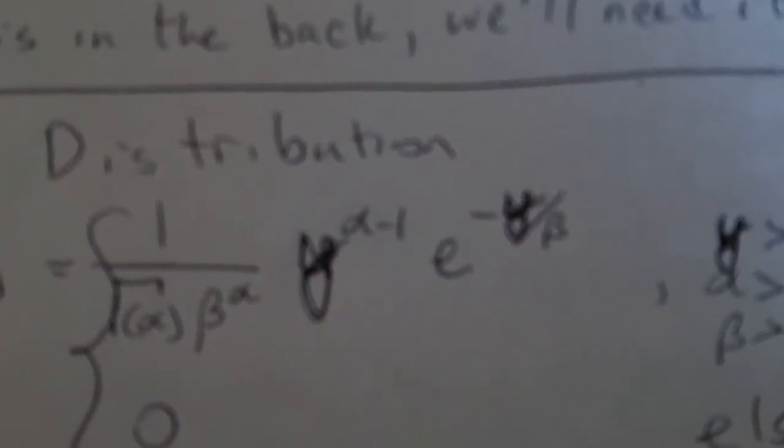So when we go back to the density function right here, you'll notice if alpha is between 0 and 1, then we've got y to a negative power. That's one of the reasons why we've got y greater than 0. If alpha is 1 or larger, then we can actually put the "or equal" there, but because we're working with alpha greater than 0, we have to limit that to the set of positive y's.